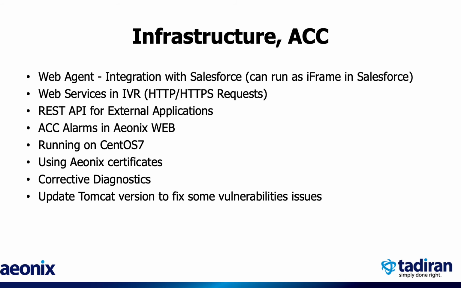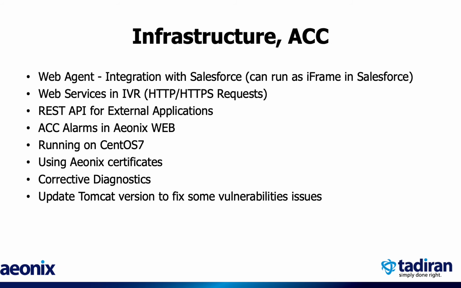Now let's look at the infrastructure enhancements in ACC with version 6.1. These include Web Agent integration with Salesforce. This allows the ACC Web Agent to run inside a frame within the Salesforce web application.